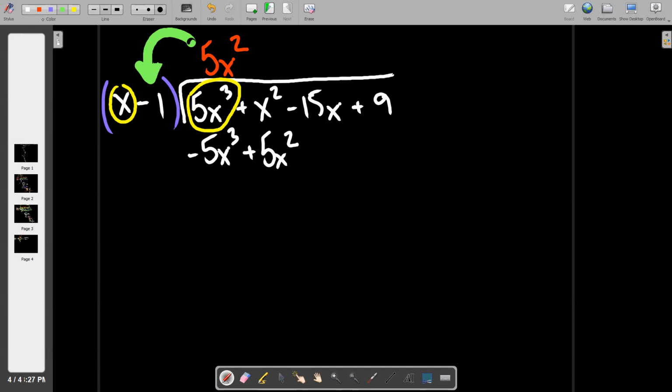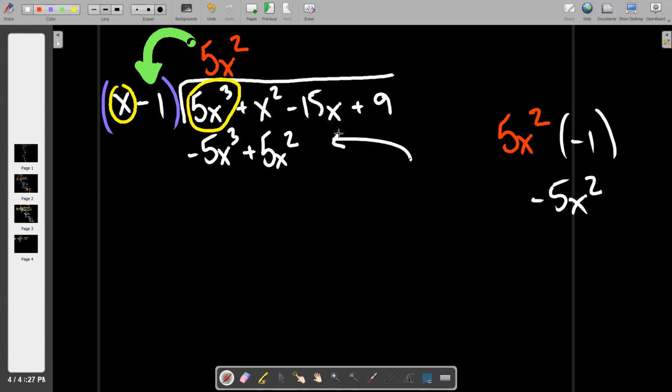Do you see it, Boxer? The answer to this problem, oh gosh, I got to be consistent with my colors. The answer to this, I hope you agree, is negative 5x squared. But anytime I'm inserting answers into this line, I always change the sign.